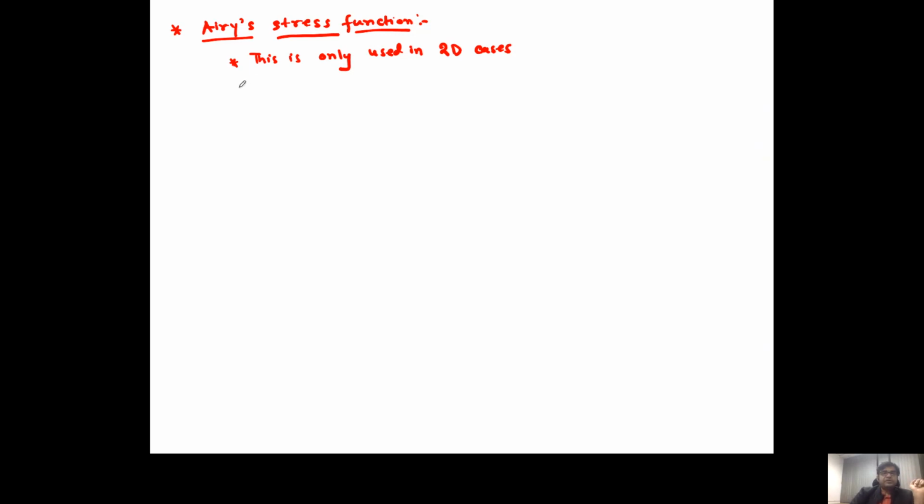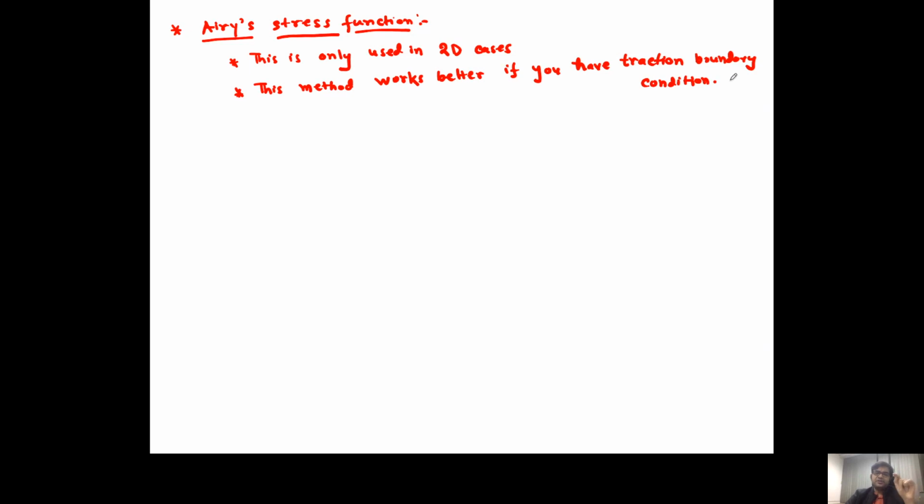But even then, this method works better if you have traction boundary condition. So if you have traction boundary condition, this method is good. But let us say you have displacement boundary condition. In that case, this method is not so good, right?